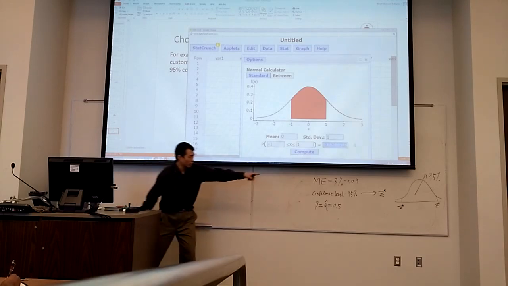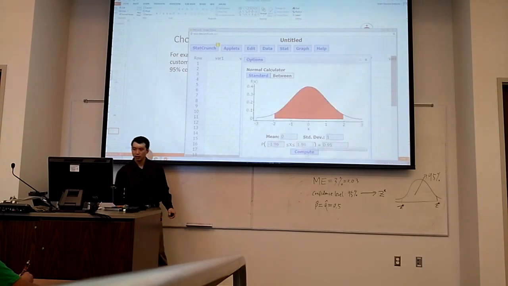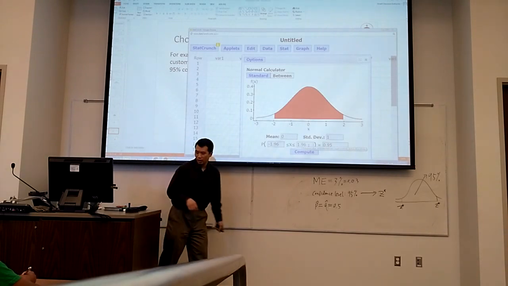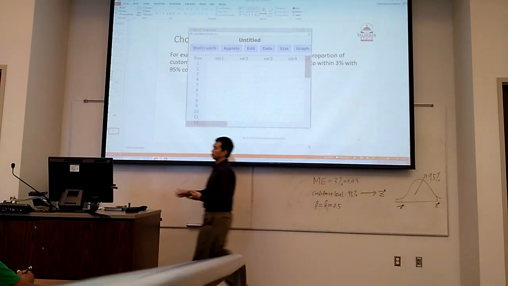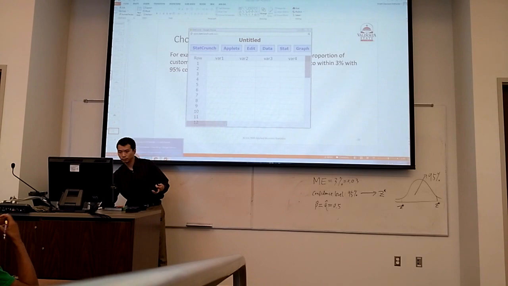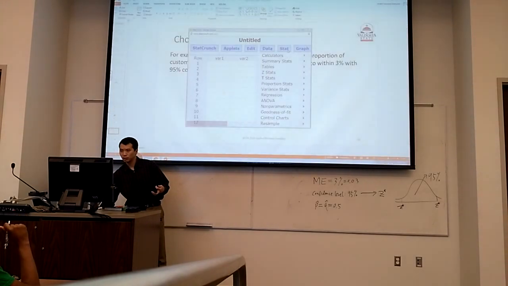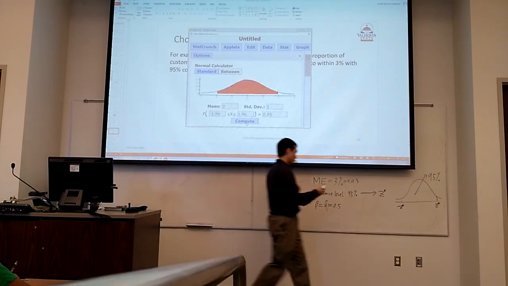Here we are looking for 95%, and then we find our Z star. So this is 1.96.